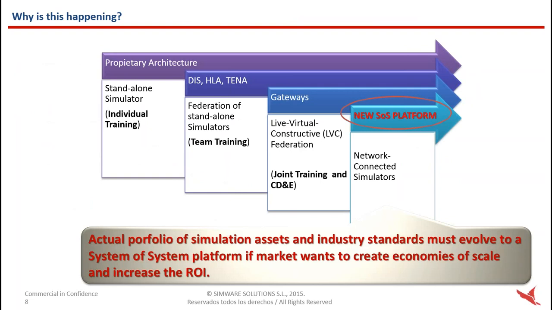Otherwise, what we have is what we have now: we are trying to interoperate simulators that are designed as standalone systems using a proprietary architecture, and when we want to go to the network, we choose one specific standard like HLA, DIS, or TENA in the case of the States, and we build a gateway to translate the information used internally in the simulator to the protocol or data model used in DIS, HLA or TENA.